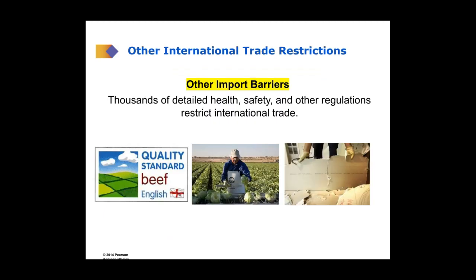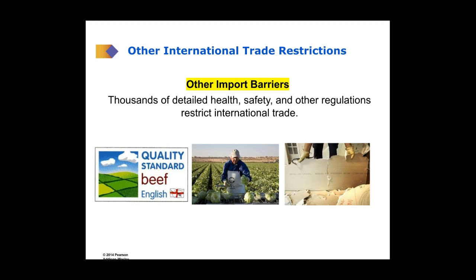There are other types of trade restrictions besides tariffs and quotas. There are thousands of health and safety restrictions and other types of restrictions that are designed to restrict international trade. Now, some of them are for good reasons. They're to keep citizens and consumers safe, and some of them are designed really to just help domestic producers, maybe in the name of health or safety, but sometimes they are really no different than a quota or a tariff.